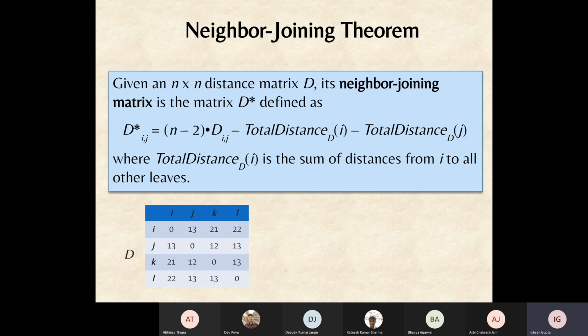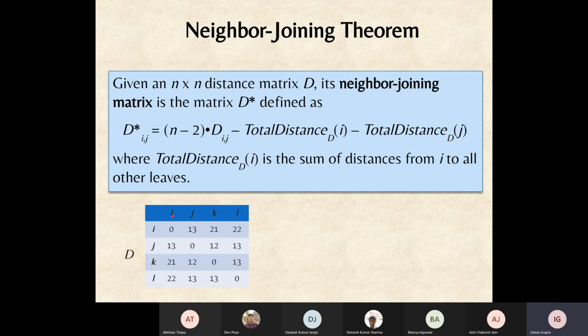So let us say you had this matrix. Earlier, if you remember this matrix, if you apply additive phylogeny or distance-based methods, this gives you a negative edge weight, because this matrix is non-additive. Now in order to convert this into D star, you first have to calculate these total distances Di.